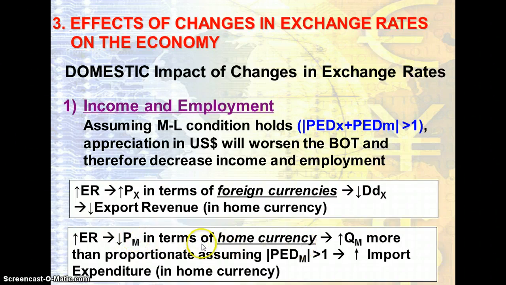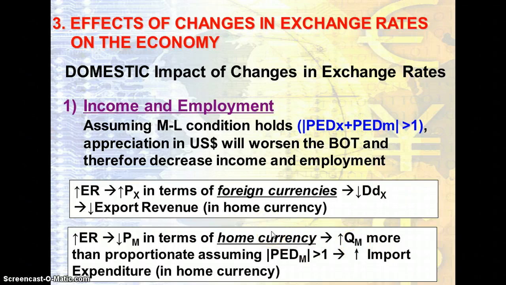In this case, this is a price determinant, because previously the people in the domestic economy would pay for imports using their home currency, but due to the stronger exchange rate, the price of the import in terms of home currency decreases. So this increases the quantity demanded for imports.